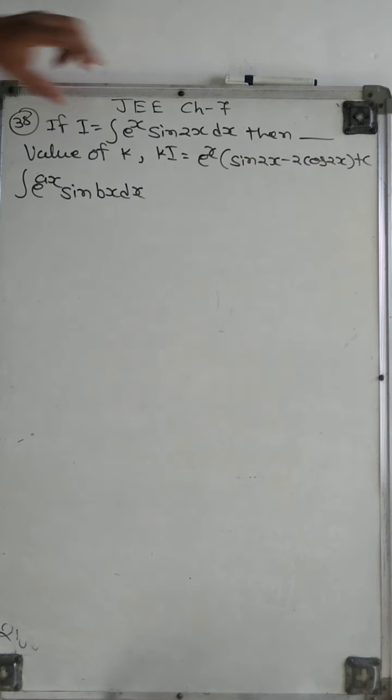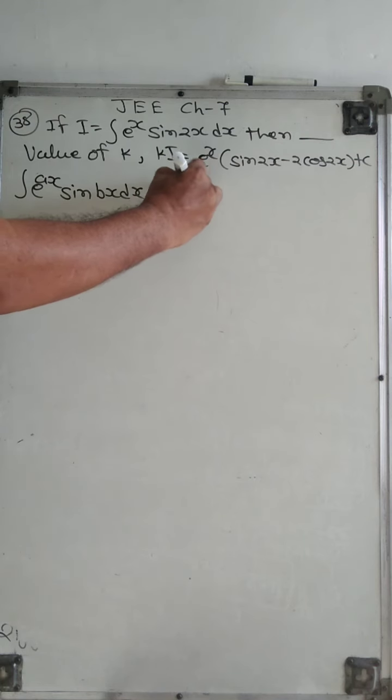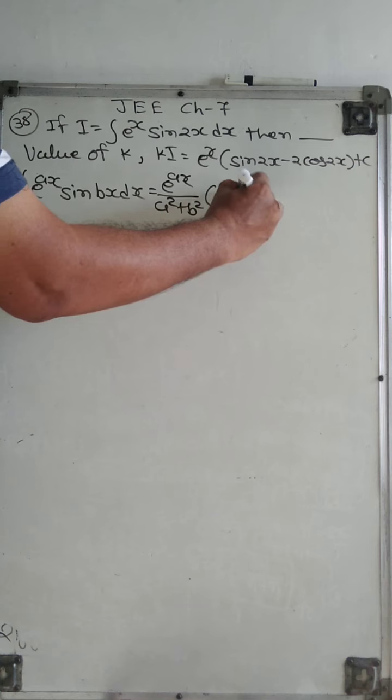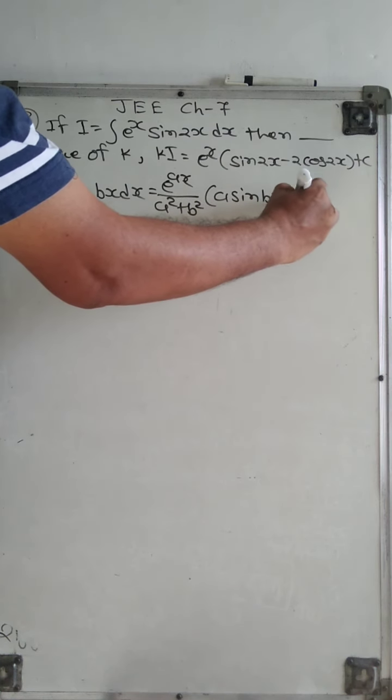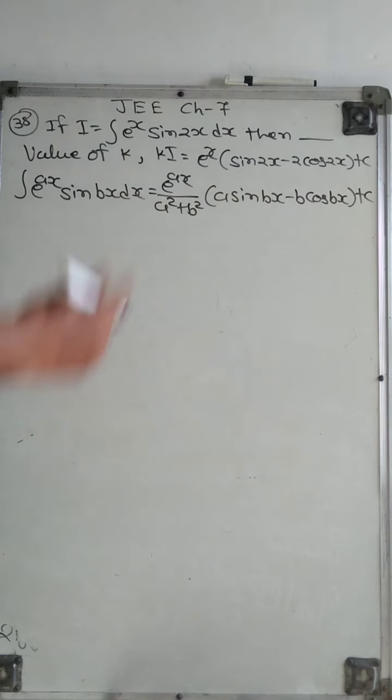Here I express the term in general form: integration e raised to ax sin bx dx is equal to e raised to ax upon a squared plus b squared times a sin bx minus b cos bx plus c. So this is a general formula, and this formula is very useful for finding this type of sum, right?